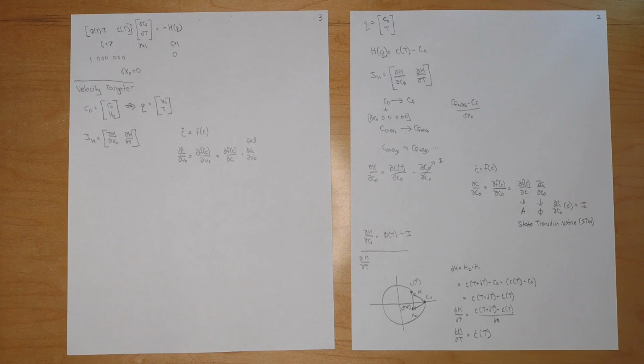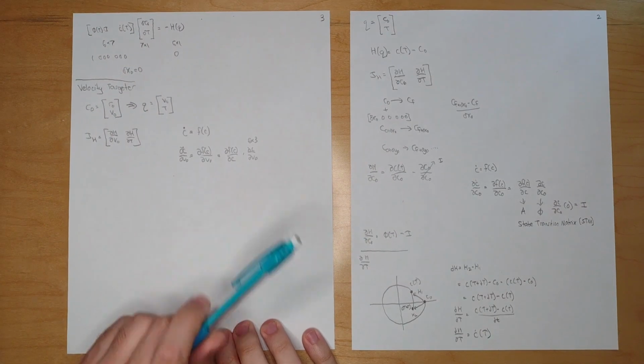The nice thing though is that we don't have to change any of our equations of motion. When we finish the integration, we can essentially just take the right half of the state transition matrix.